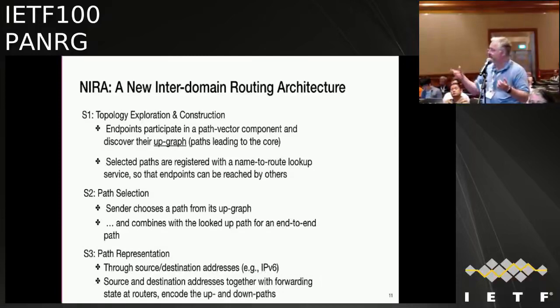I just wanted to make that comment because I've heard several comments that were really more about trying to put fine-grained control of the path that your traffic took in the hands of the end users. That wasn't really the intent of FARA and NERA. The idea was to provide a way for network operators who were far away from either end of the connection to differentiate themselves from each other and therefore provide some incentive for them to compete by providing new services or better quality or deploying new capabilities.